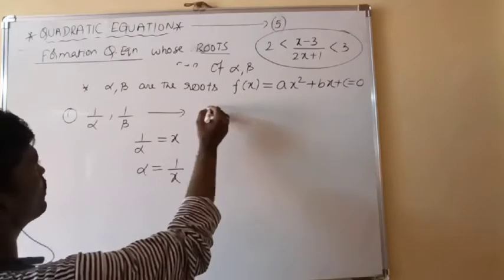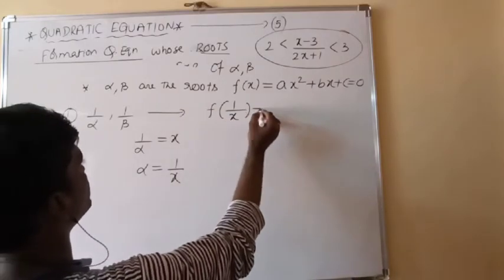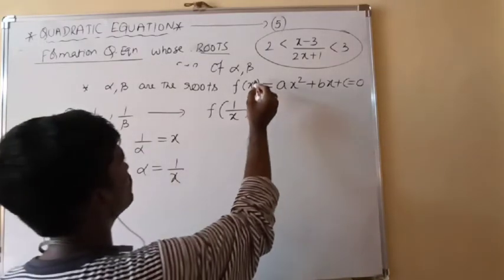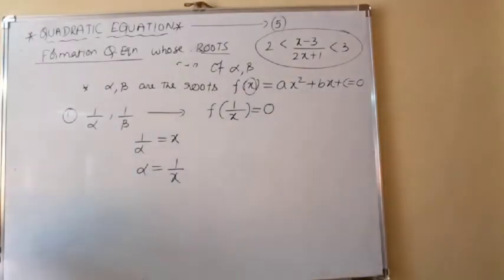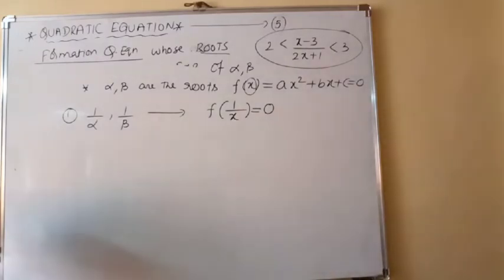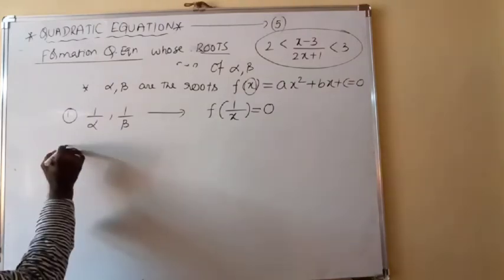So the quadratic equation whose roots are 1 by alpha and 1 by beta is f of 1 by x is equal to 0, because you got the alpha value 1 by x. That means you have to replace x by 1 by x to get the equation whose roots are 1 by alpha and 1 by beta.